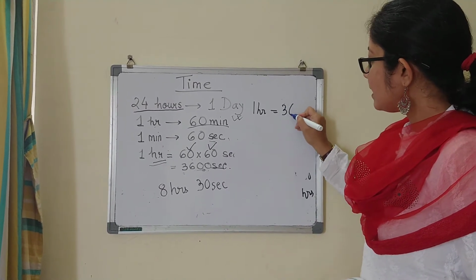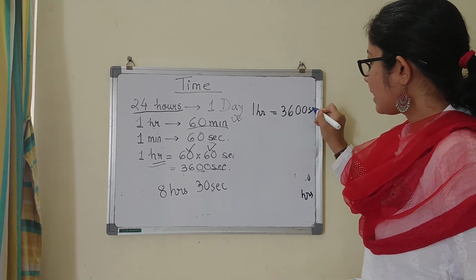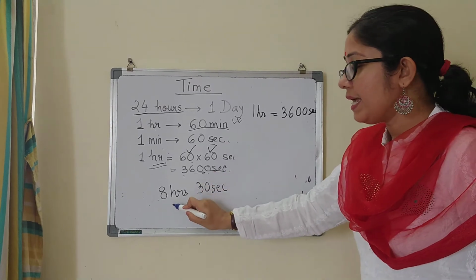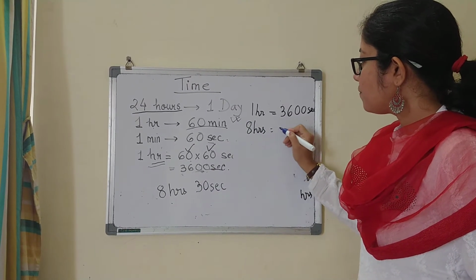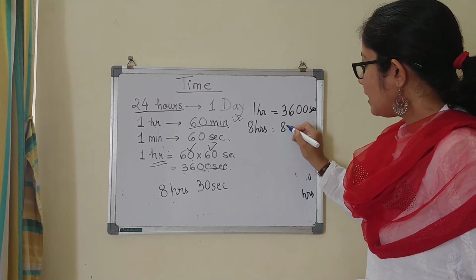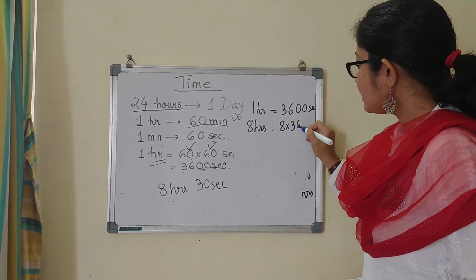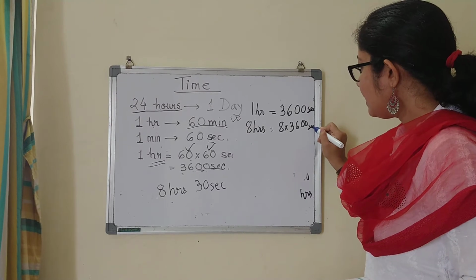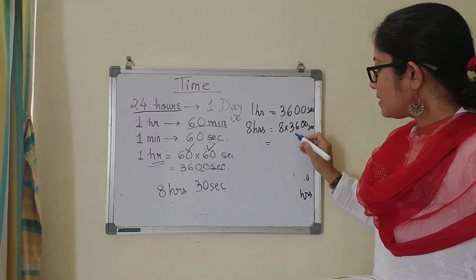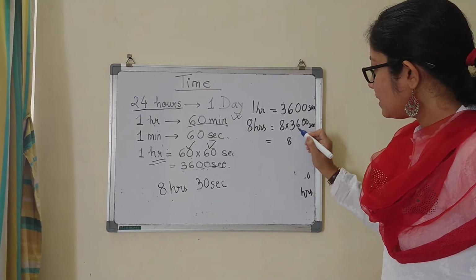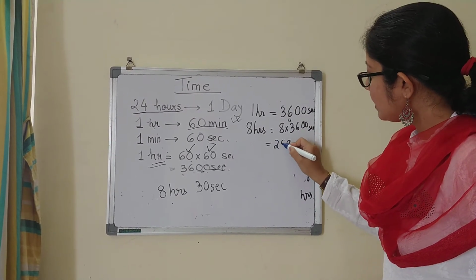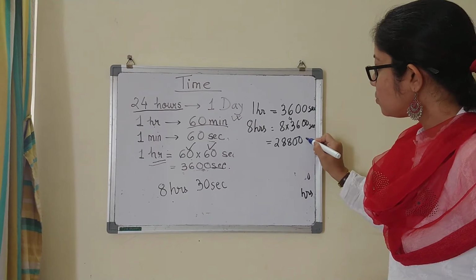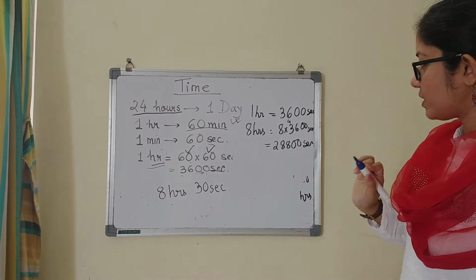So 3600 seconds. Right? 8 hours. So 8 hours will therefore have 8 into 3600 seconds. Let us calculate this. 8 6s are 48, 8 3s are 24, 28,800 seconds. It's a huge number of seconds.